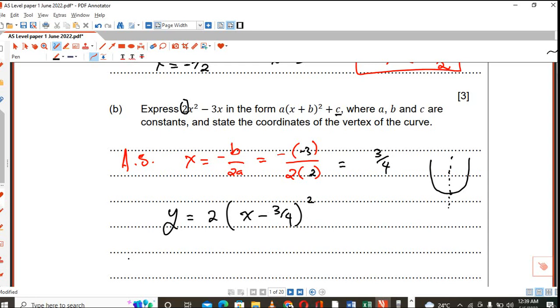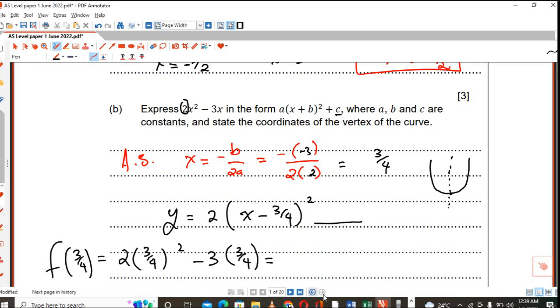The way we do that is we take our answer of 3/4 and substitute it in, so we say f of 3/4, substituting it everywhere that value appears, in order to find this particular part of our answer.